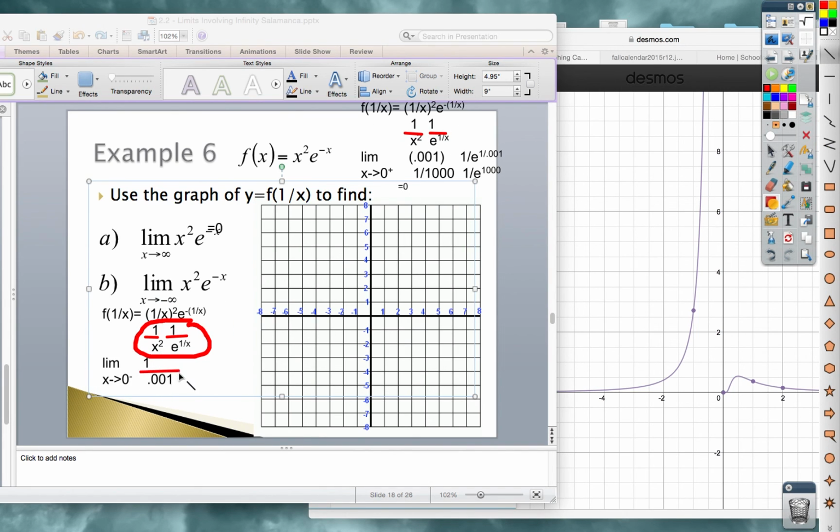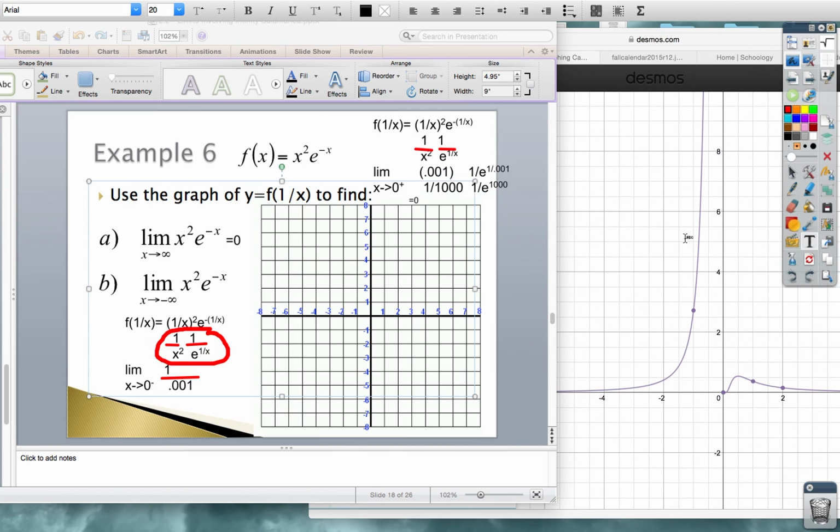So 1 divided by 1,000th, and because it was a square, we need to put that square back in there. We're going to do the same thing for the e portion.